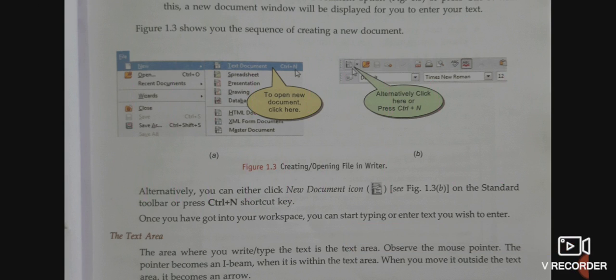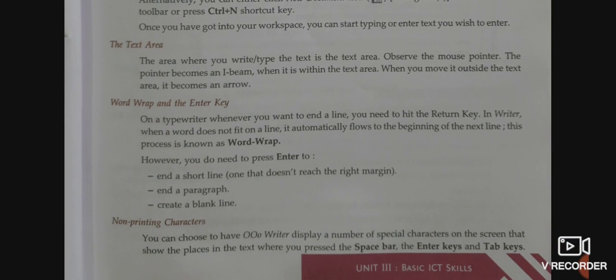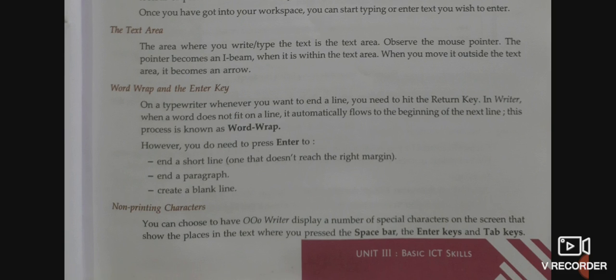Although this word wrap feature is automatic, you have to press the return key or the enter key to bring the cursor to the next line. So what all can you do with the help of Enter? End a short line that doesn't reach the right margin. If the line is not reaching the right margin, you can end it right there and move to the next line.